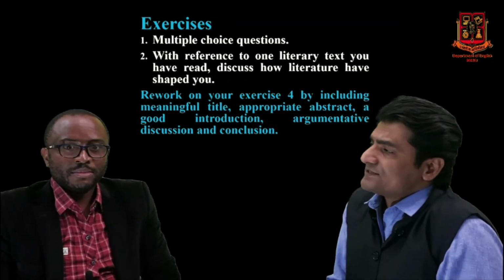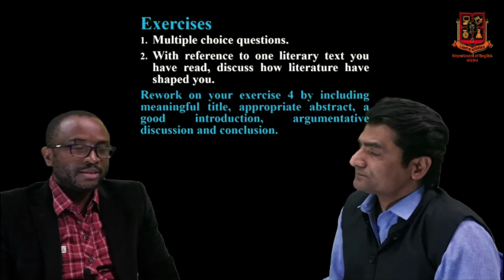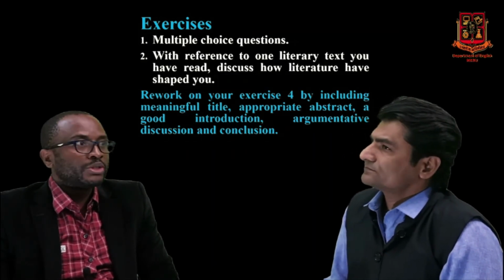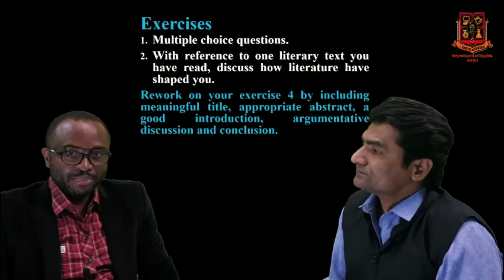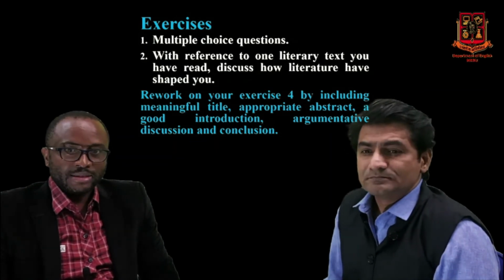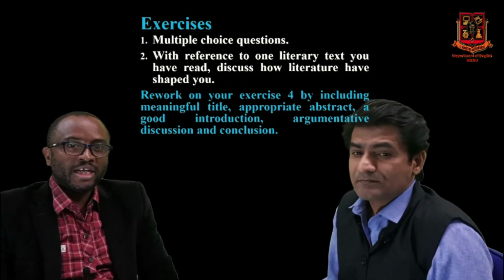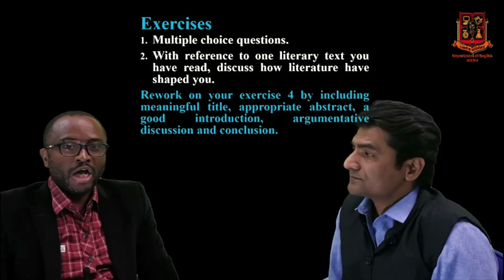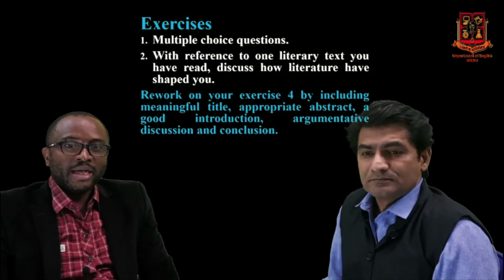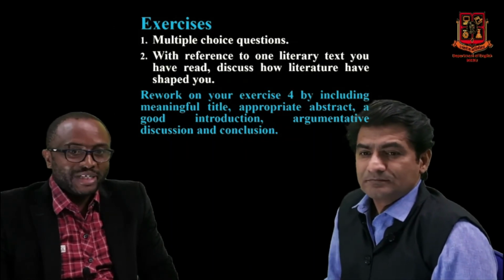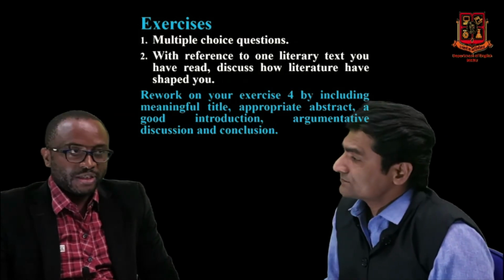What will be the exercises at the end of this module? Students will have two types of exercises. The first is multiple choice questions, and the second is a write-up. They have to rewrite what they did in the first unit, how literature has shaped you. They have to rework the exercise and include the title, an appropriate abstract, a good introduction, an argumentative discussion, and a conclusion.